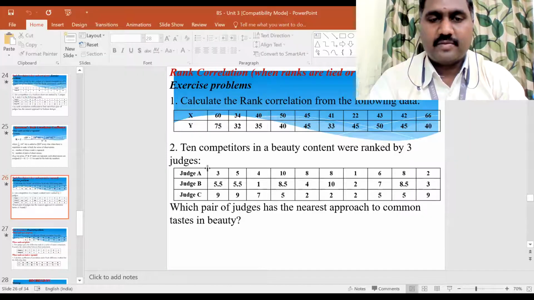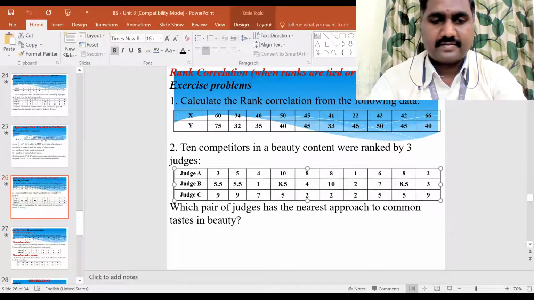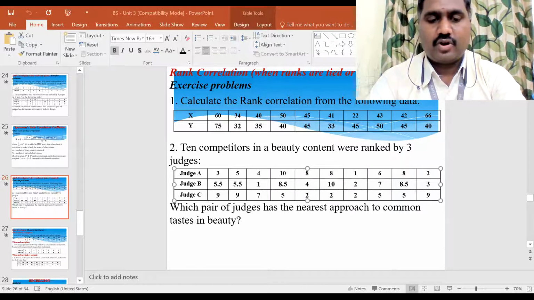I'll copy this problem and I'll put it in the Excel. Everyone copied the problem? Shall we work out the problem?